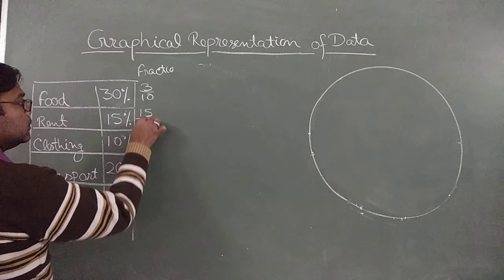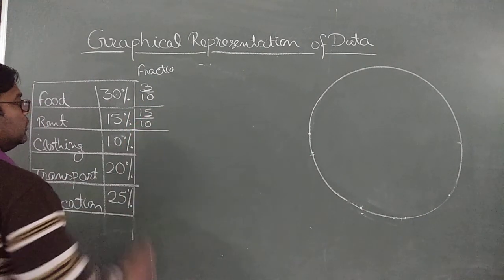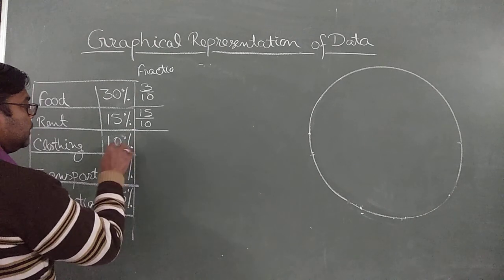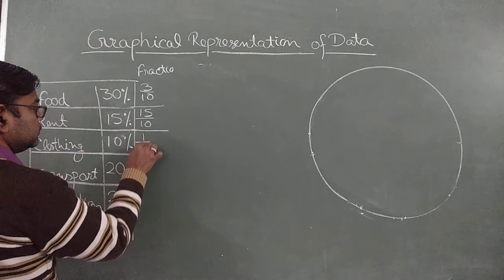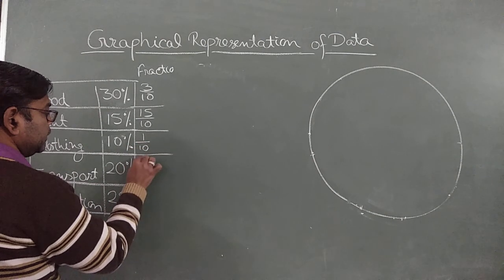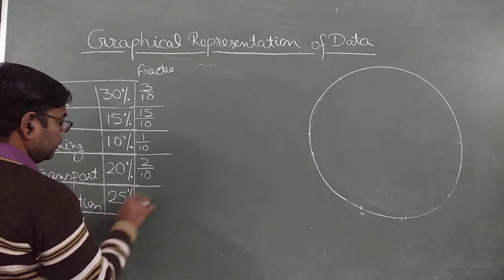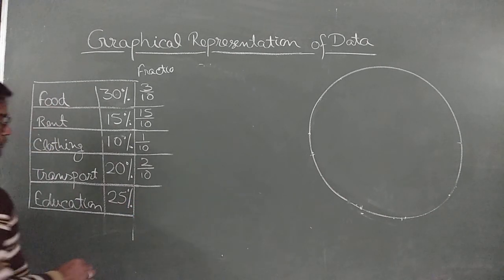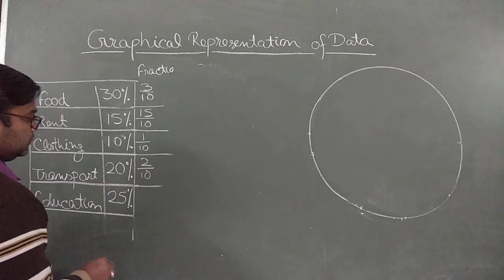I am using some common denominator, I am not going to further simplify it. 10 upon 100 is 1 upon 10. 20 upon 100 is 2 upon 10. And similarly 25 upon 100, in this case we have to find out.